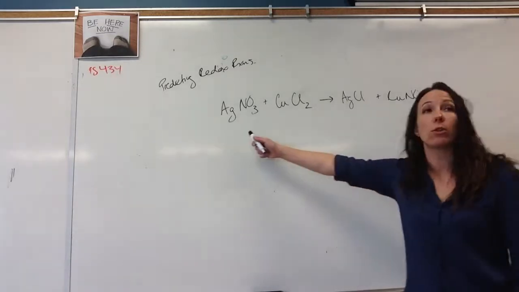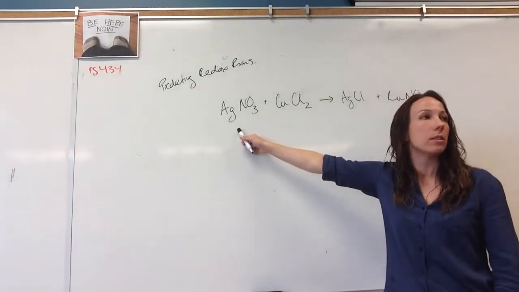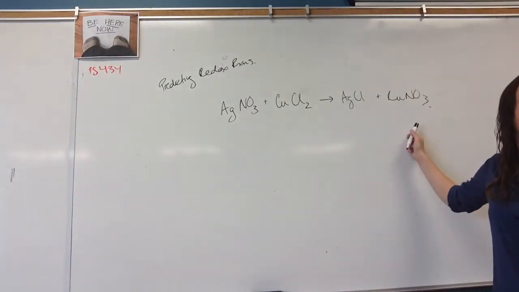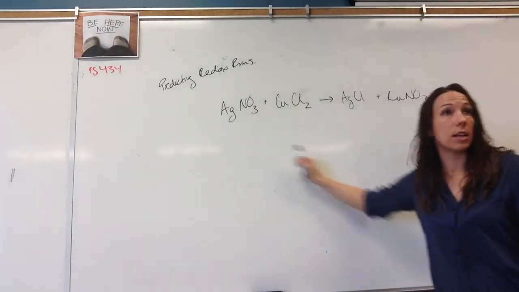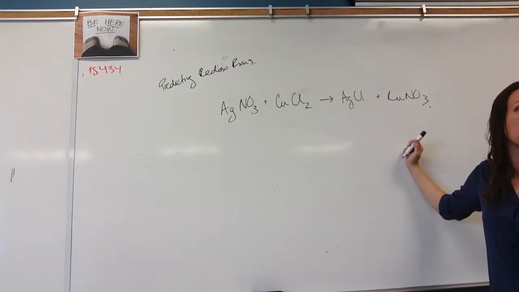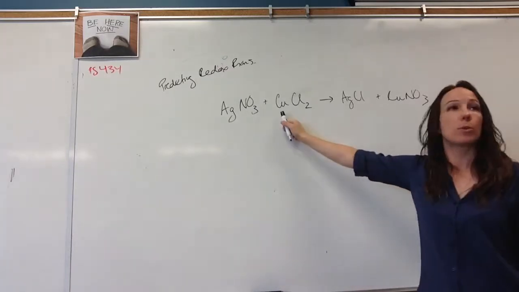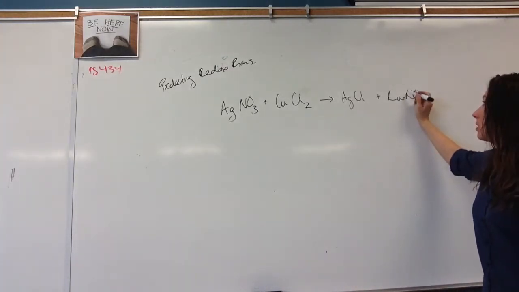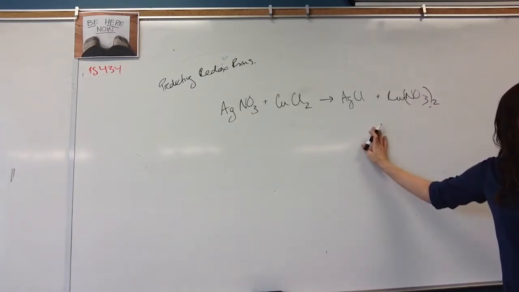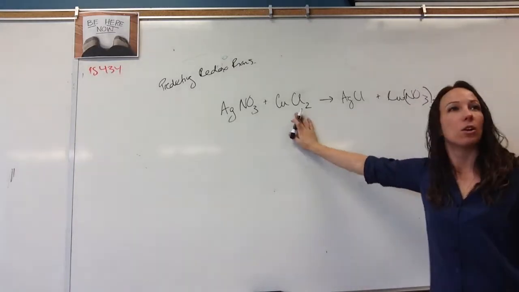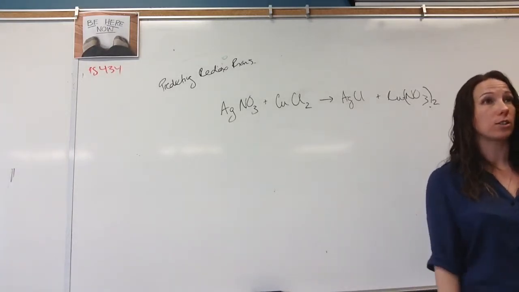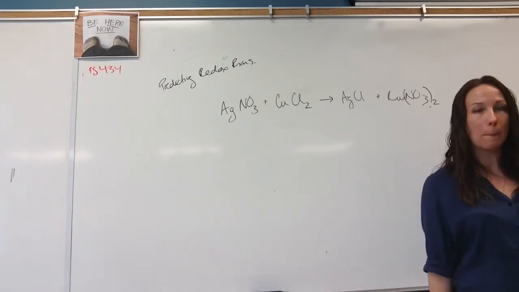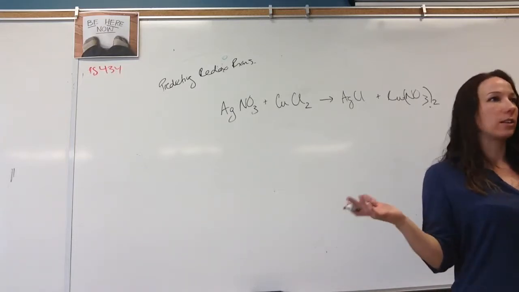Can you see that this is silver 1 plus, and that I still have silver 1 plus over here? No change. Can you see this NO3 minus? Still NO3 minus. No change in oxidation numbers. Still copper 2 plus, no change in oxidation numbers. Chloride ion, no change. So this is not a redox reaction because there can't be any change in oxidation number because it's the same ion on the left and the same ion on the right.